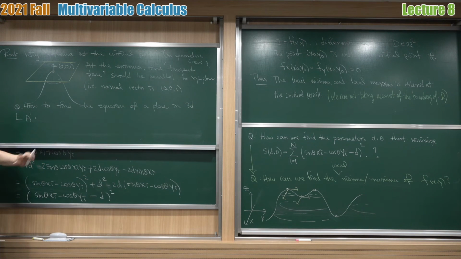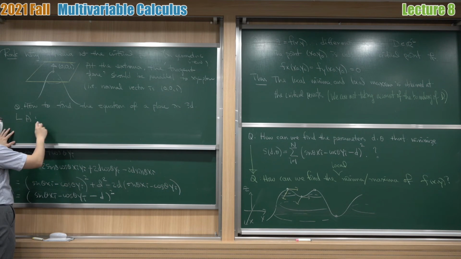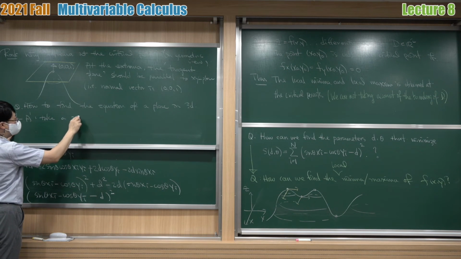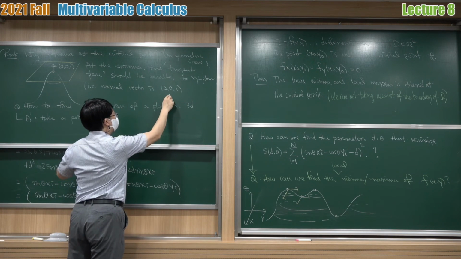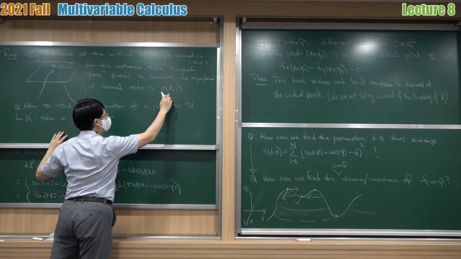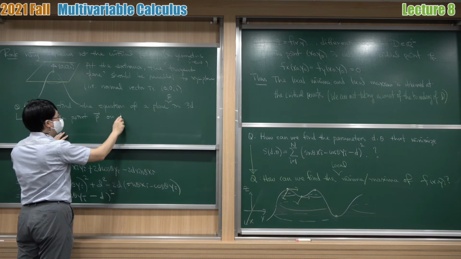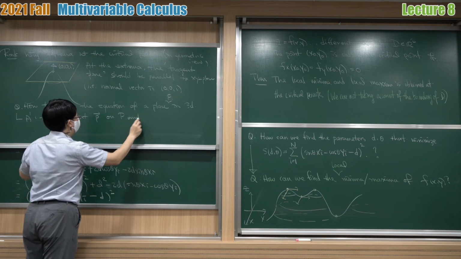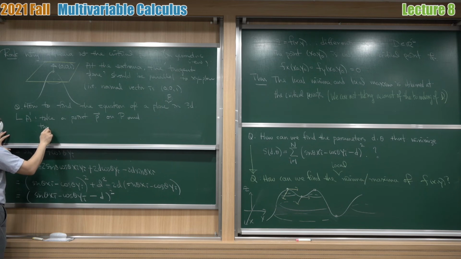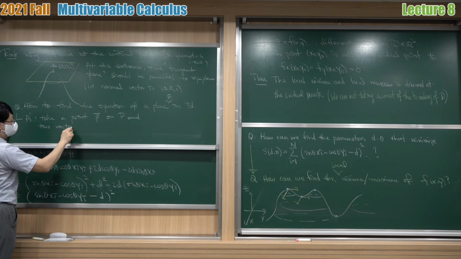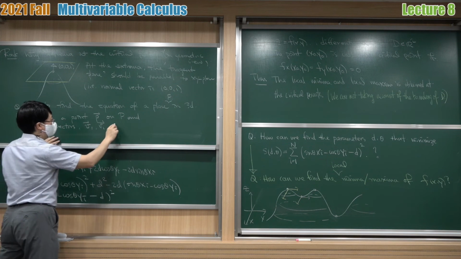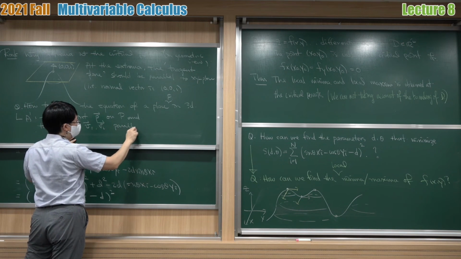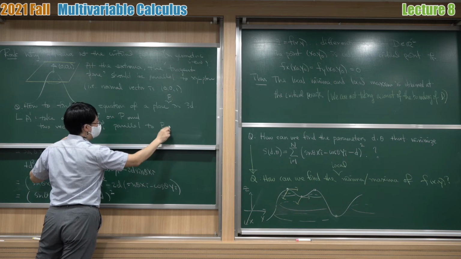One answer is to take a point vector P, with the plane called H, and two vectors V1 and V2 parallel to the plane.